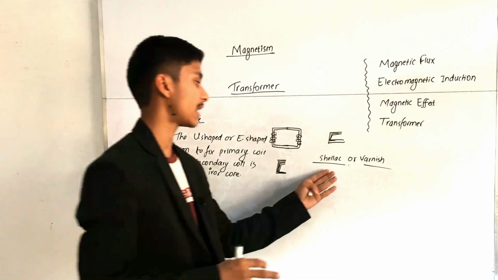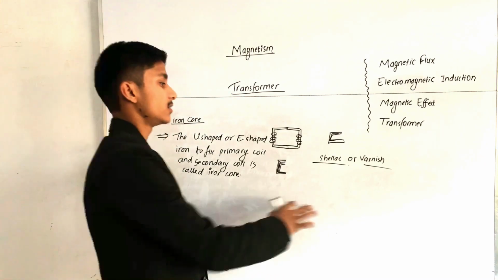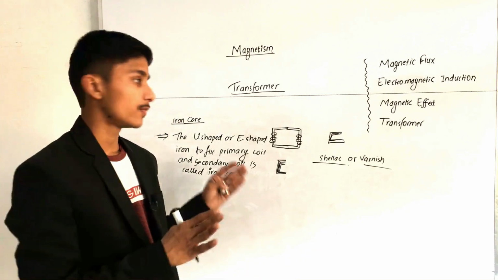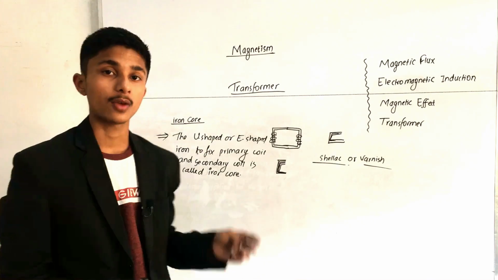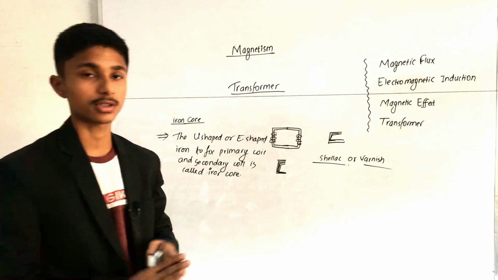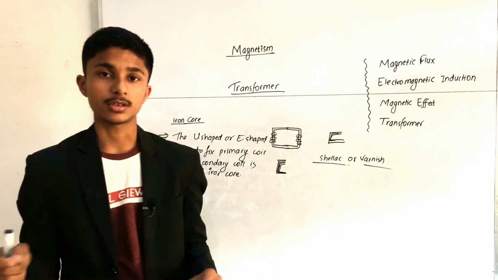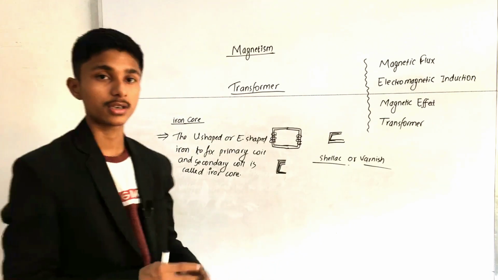Shellac or varnish is a kind of paste-like substance. And why is lamination of core done? You may ask that question. So here is the answer.